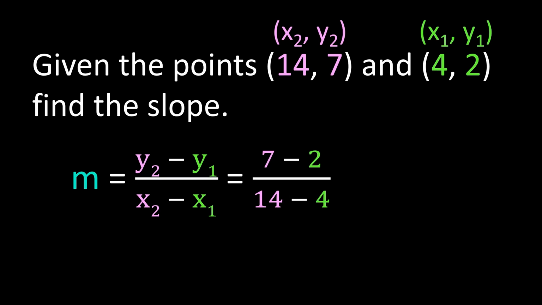That's going to make the following steps a lot easier. So 7 minus 2 is 5, and 14 minus 4 is 10. My suggestion when labeling your x1, y1, and x2, y2, is to think about the subtraction steps you're going to have to make and label those points to give you the easiest problem to solve.